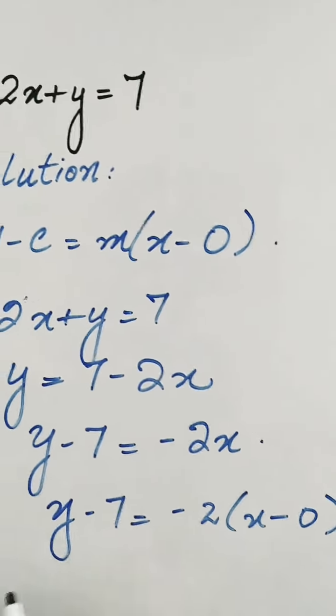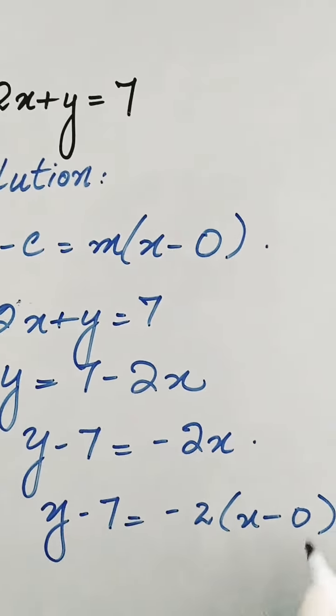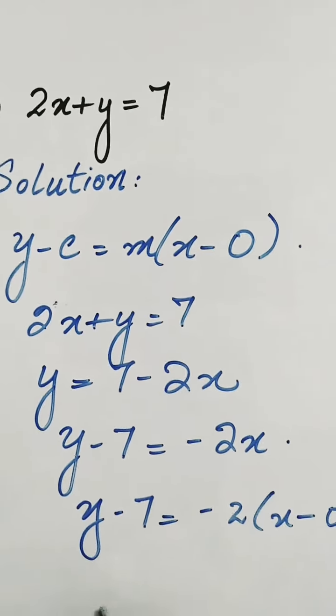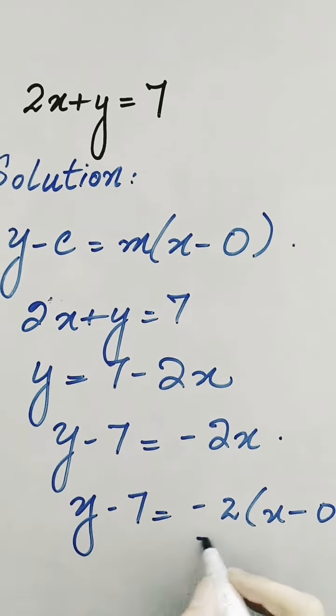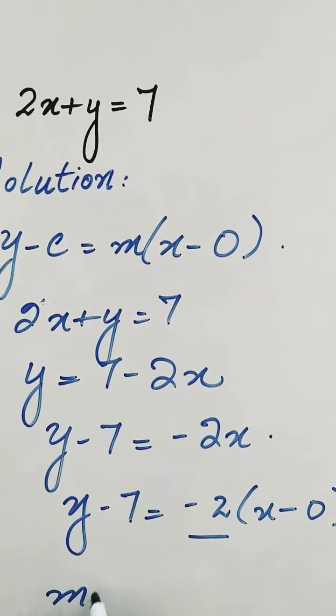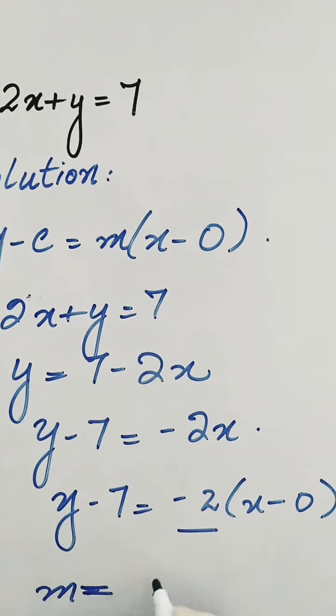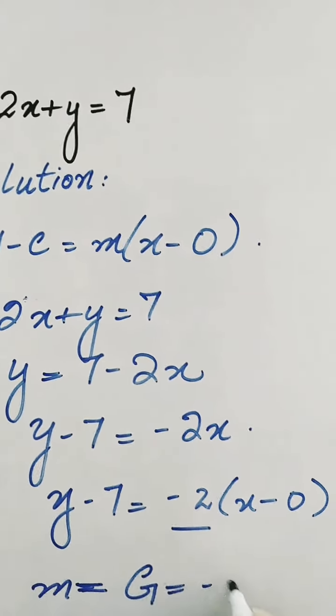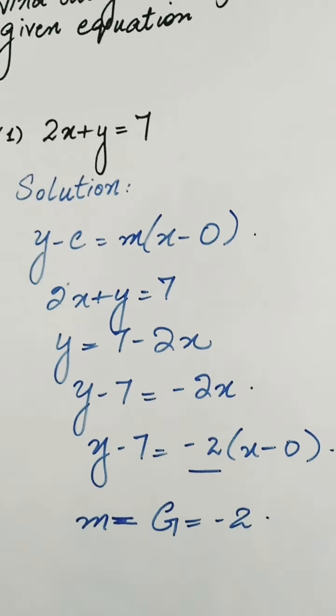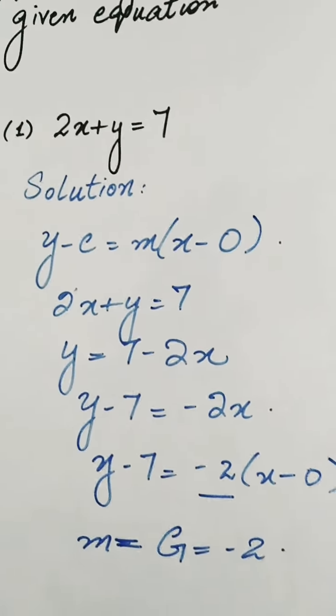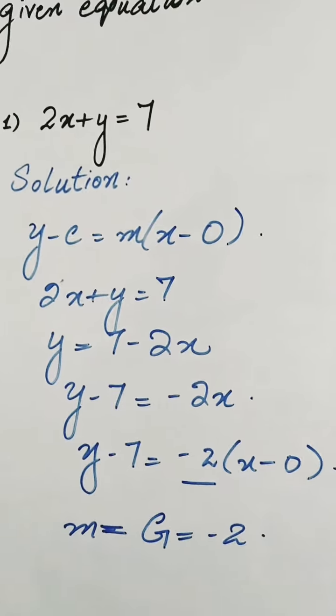Now this is the format of the equation. Now we have the gradient, which is this m, and it comes out as minus 2.